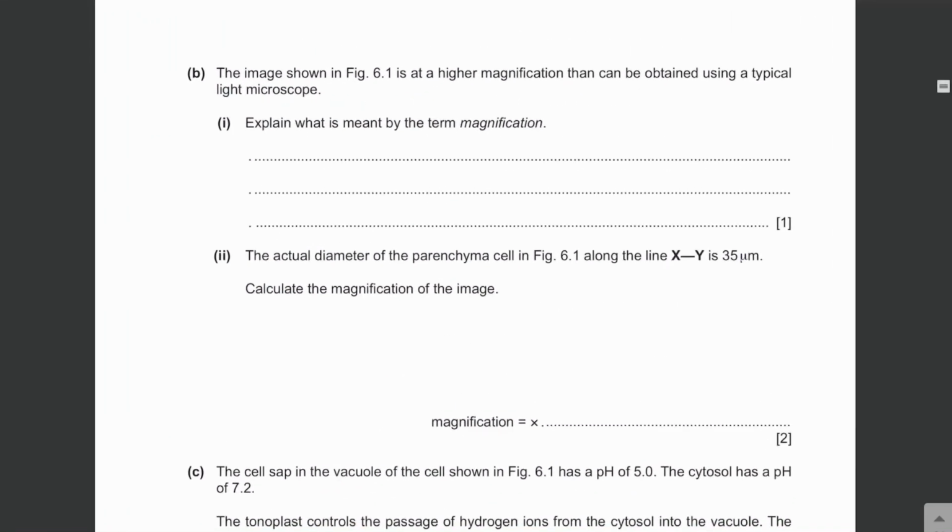The image shown in figure 6.1 is at higher magnification than can be obtained using a typical light microscope. Okay, so they are mentioning that the image that is shown in figure 6.1 is at a higher magnification than can normally be obtained from a light microscope. So the light microscope, as we all know, has lower magnification, and the electron microscope has a higher magnification, right?